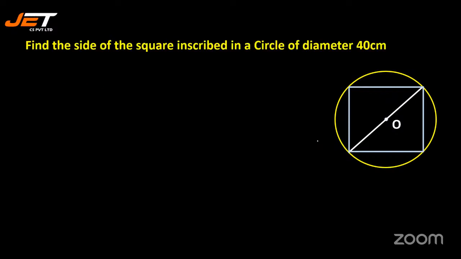Okay, see the next question. Find the side of the square inscribed in a circle of diameter 40. So here we have the diameter given as 40 centimeter. So what would be the radius? The radius is half of the diameter, isn't it? So twice of the radius is diameter. In other words, diameter by 2 would be the radius. So it is 20 centimeter. Right.